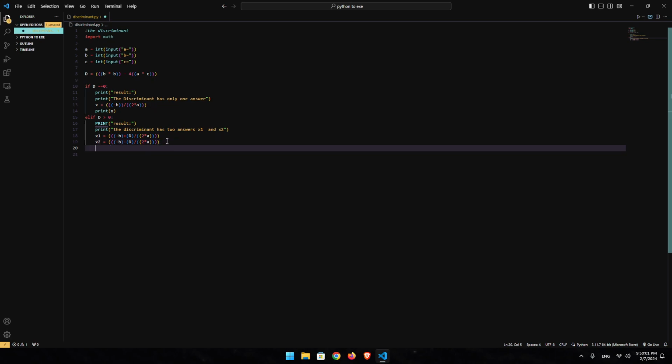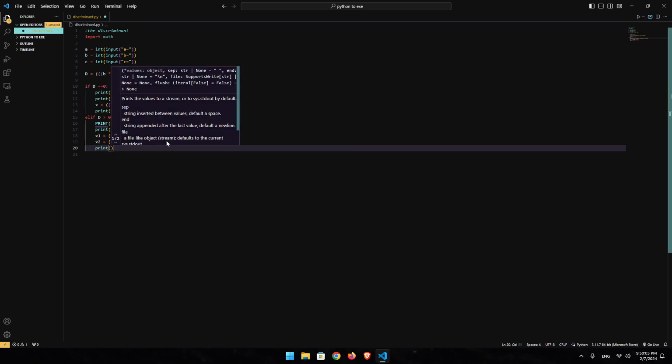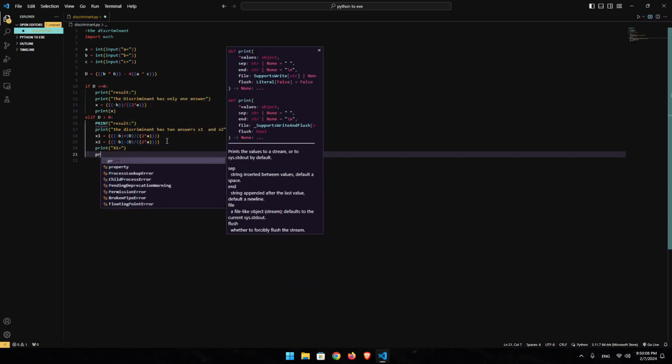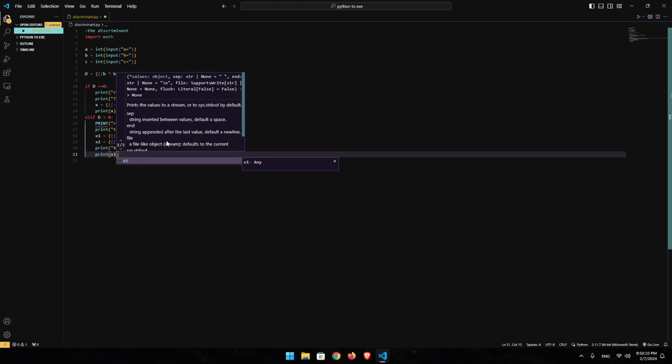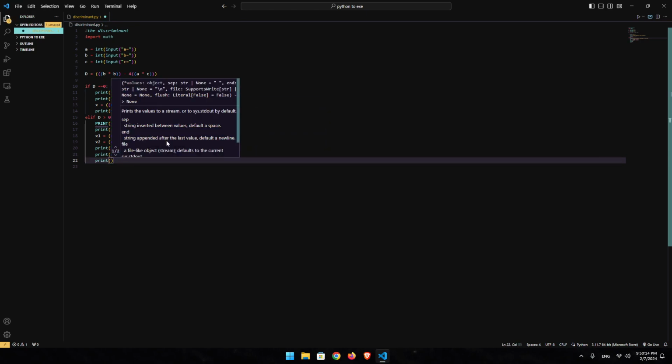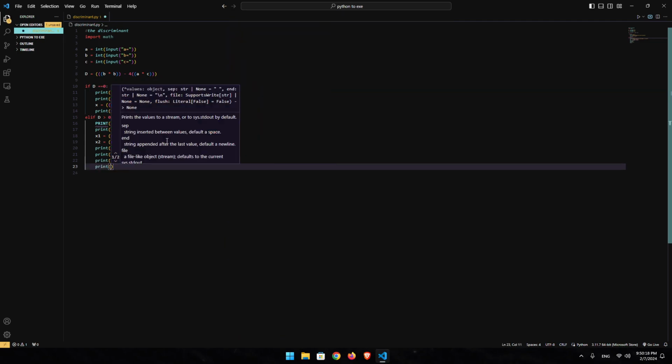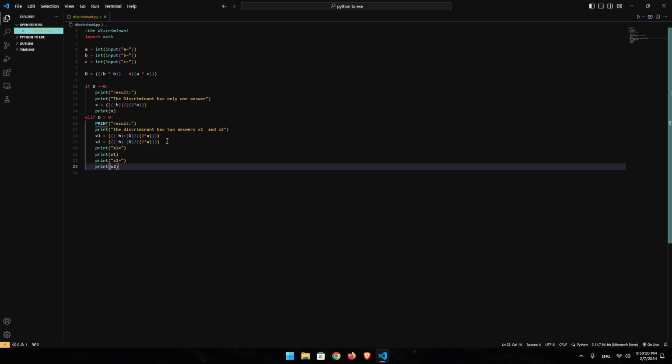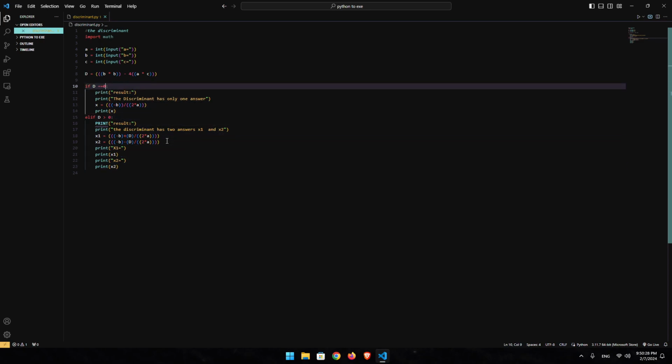So we're gonna print x1 is gonna be print x1, and print x2 is gonna be print x2. So this is all about having d equals 0 and d greater than 0.